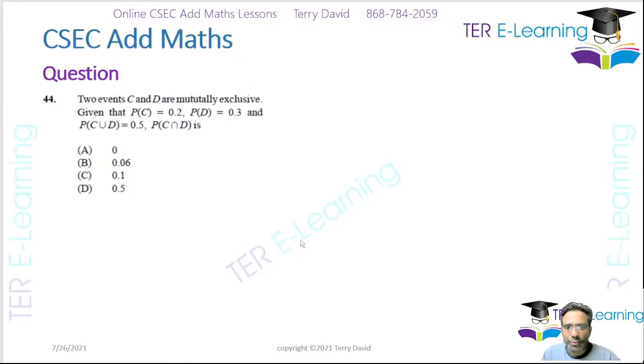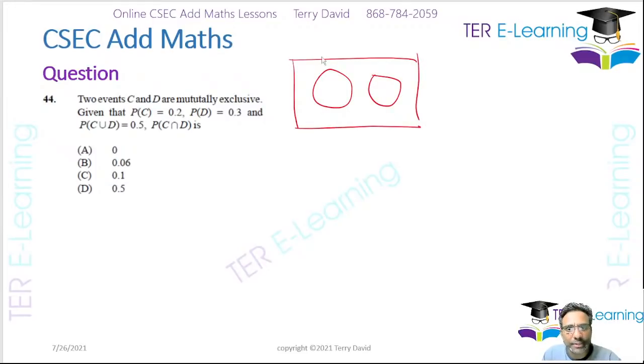All right, question 44. Two events are mutually exclusive. When you have mutually exclusive events, if we use a Venn diagram, it means that the two events don't intersect at all. So this is C, this is D. The probability of C is 0.2. The probability of D is 0.3. And they told us that the probability of C union D is equal to 0.5.